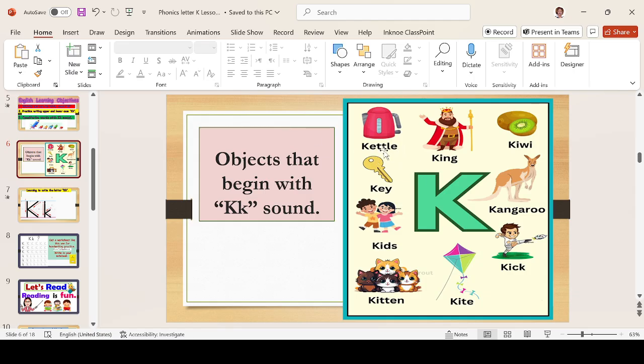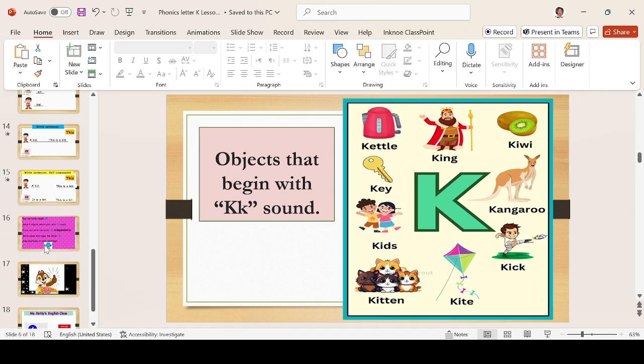Okay, so we have our kettle in the kitchen. Look, kettle, kitchen. And key, kiwi, king, kangaroo, cake, kite, kitten, and kids. Okay, next one.